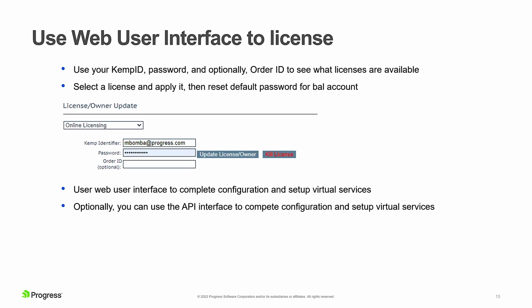After you've completed setting up the network interface settings, you'll be asked to commit the change, and the appliance will direct you to use a browser to connect to that new IP address. When you connect, the first thing it's going to do is take you straight to licensing. The licensing process uses your Kemp ID, your Kemp identifier, and the associated password.